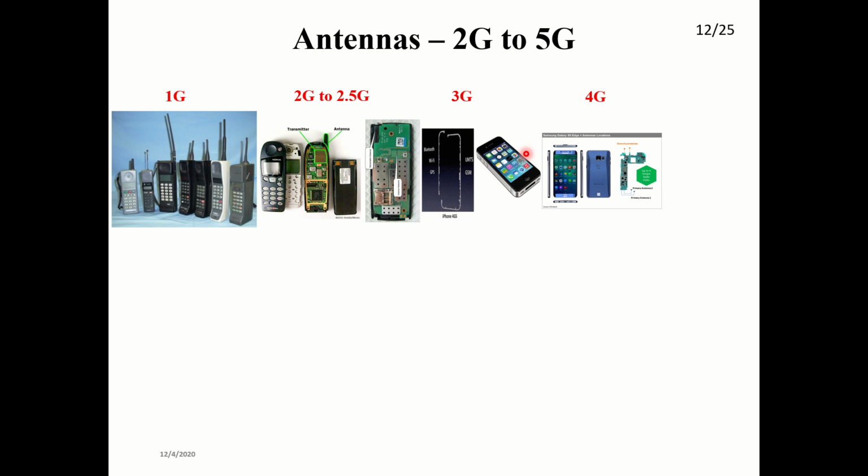So that much complexity is in that antenna. And 4G has even higher complexity. Along with what I told for 3G, we have to go for 4G in multiple bands: 700, 3500, 3 gigahertz, 2.5 gigahertz, 2.1 gigahertz.